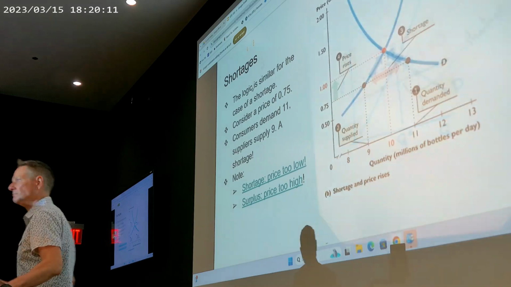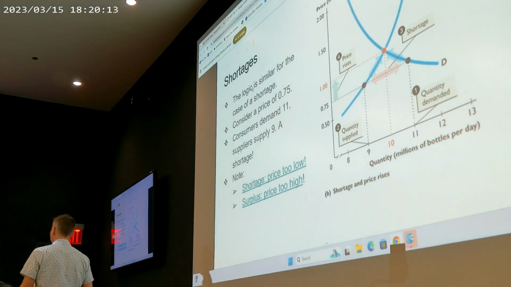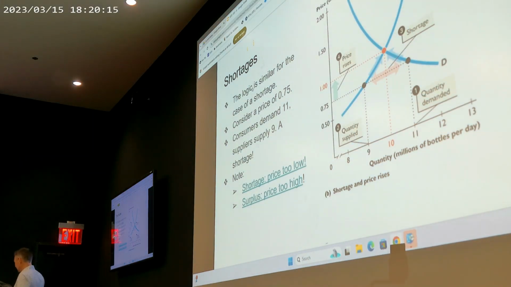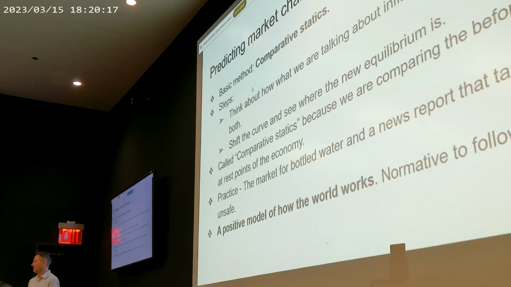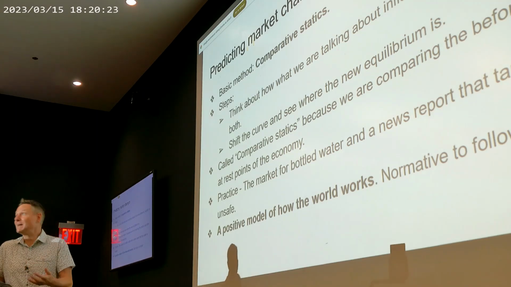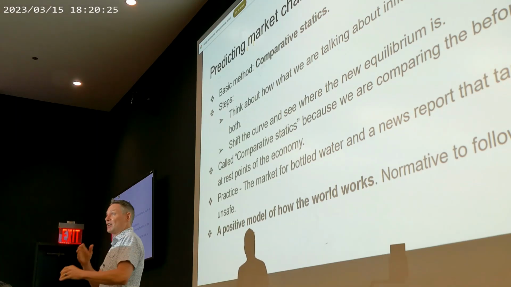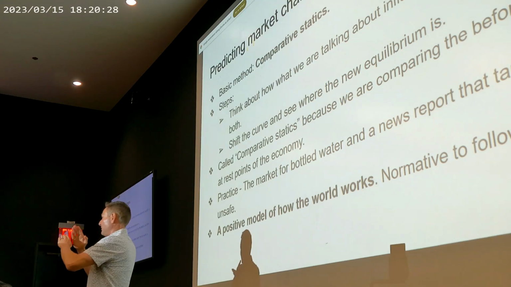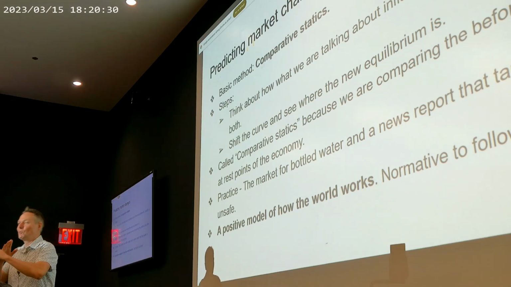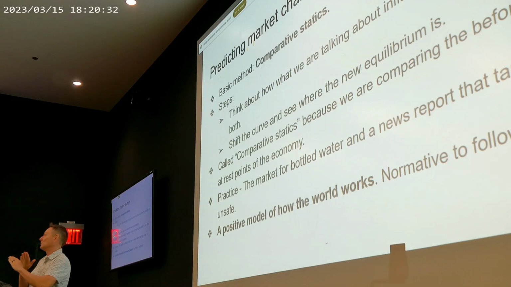I'm dying to get into this and use our supply and demand to understand some things. By the way, we've done a very careful job of keeping those two things separate as we brought them together, and we're going to want to continue to think about the world that way.